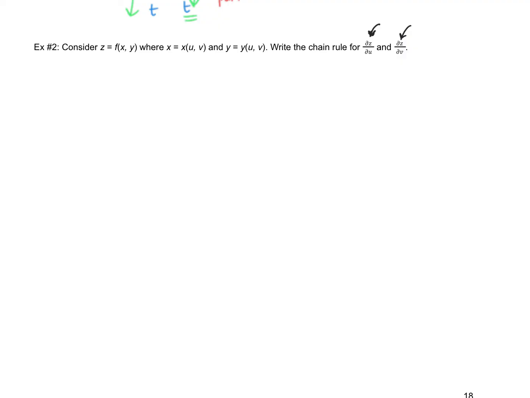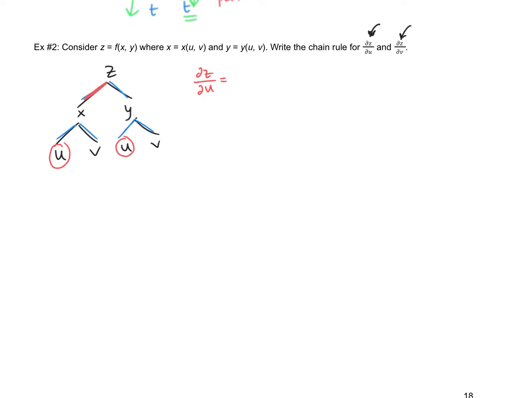So to start our tree, we would say z is a function of x and y. x is a function of u and v. y is a function of u and v. So you'll notice at every point on the tree, we have two options, which means they're all going to be partials. So if I go this way, it's a partial. If I go that way, it's a partial. That's a partial. That's a partial. All of them are partials. So if I'm looking for the partial of z with respect to u, I need to get down to u and I need to get down to u.